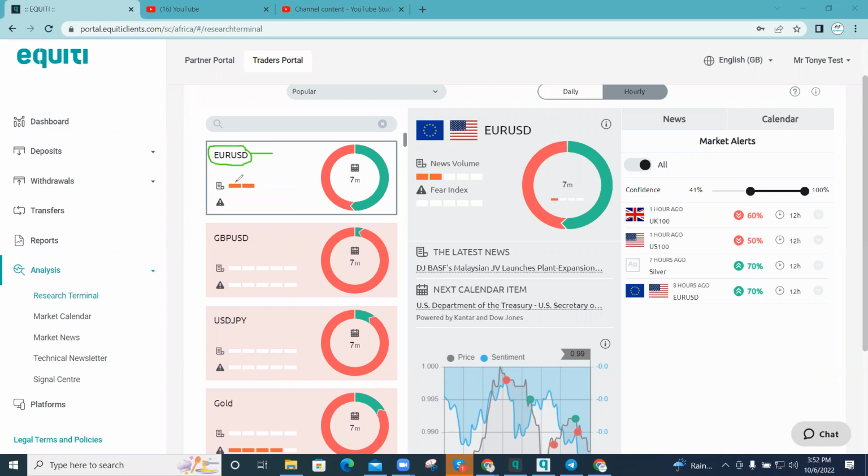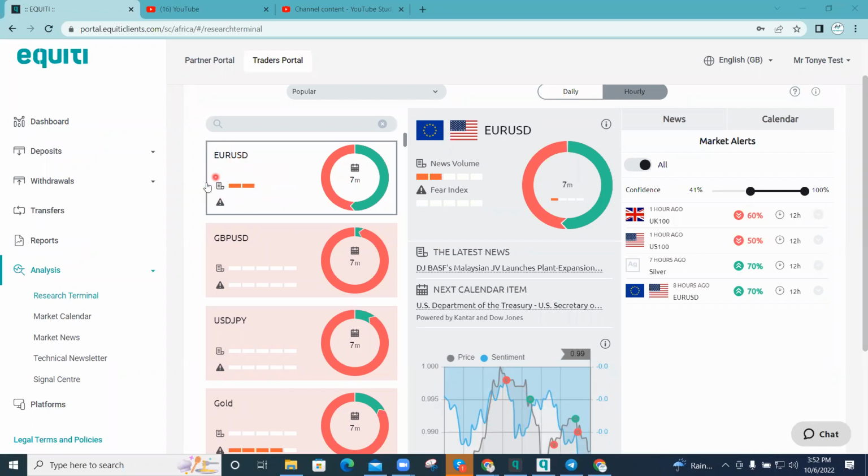And of course, here we have the news volume, and here we have the fear index as well. Let me quickly explain all these three. First, we have the name of the asset you want to trade. This is where you know, okay, this is Euro USD.